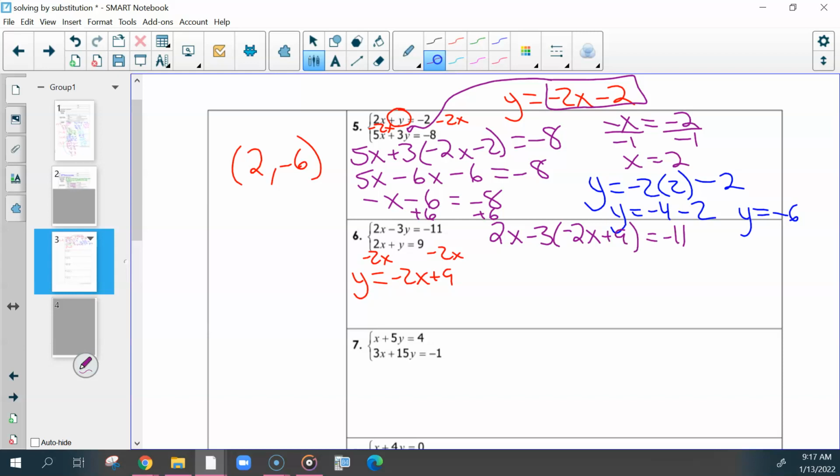Okay, then what? You can keep going or you can hand it off to someone else. Okay, go. Distribute the negative 2x. Okay. And then what are those two extras?